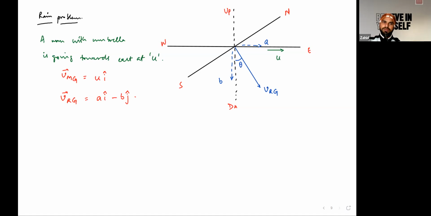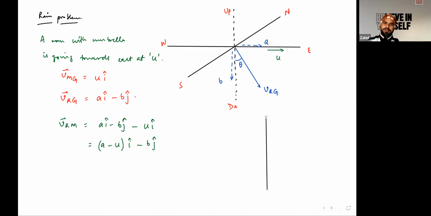So on the basis of these two terms, we may define the velocity of rain with respect to man. It will be a i minus b j minus the velocity of man. On rearranging, it will be (a minus u) times i cap minus b j cap, which means it will have two components, one along the x-axis and the other along the y-axis.